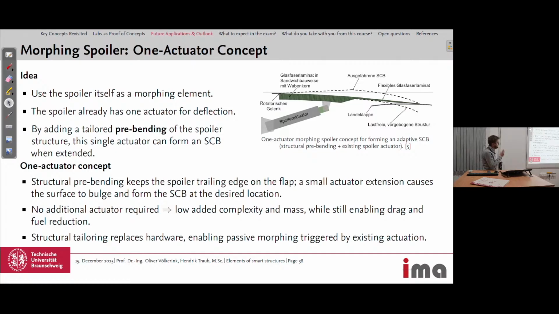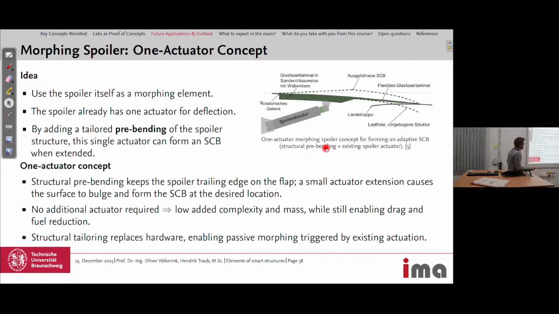How was the morphing element itself designed? They tried to use the existing spoiler, a control surface which could extend like this and stay here to act as a kind of air brake. They replaced the surface of this spoiler with a pre-bent surface, and with this they could use only the spoiler actuator and did not have to introduce another actuator for the shock control bumps.